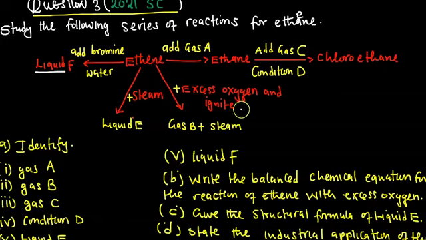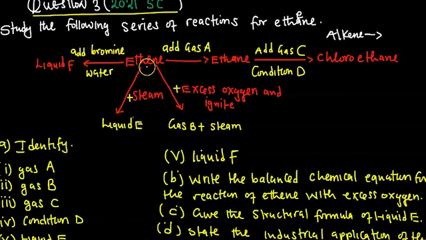Now the question is, identify gas A. So what is gas A? Now look at this. Ethene to ethane, what reaction converts ethene to ethane? In short, alkene to alkane. What reaction is that? This reaction is hydrogenation, or the addition of hydrogen to ethene, or to an alkene, converts it to an alkane, and in this case ethane.